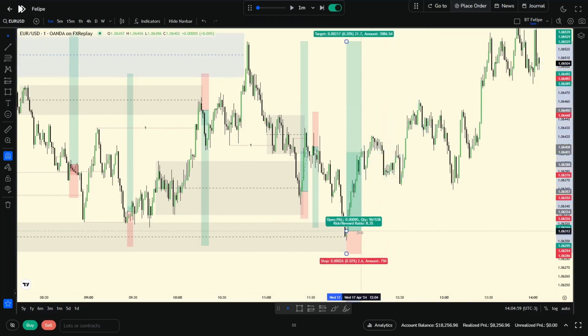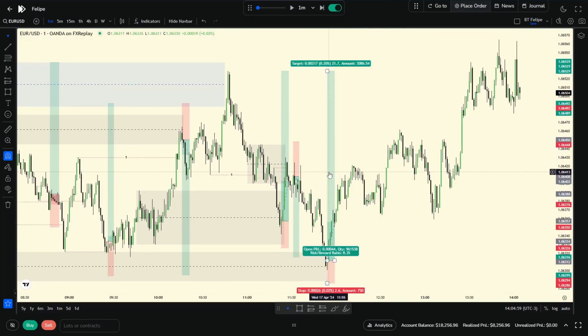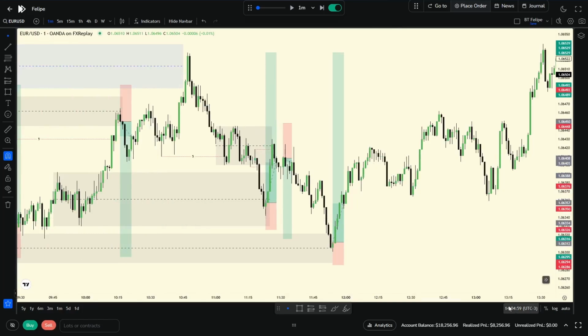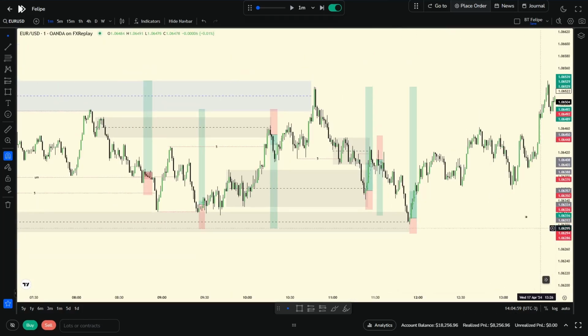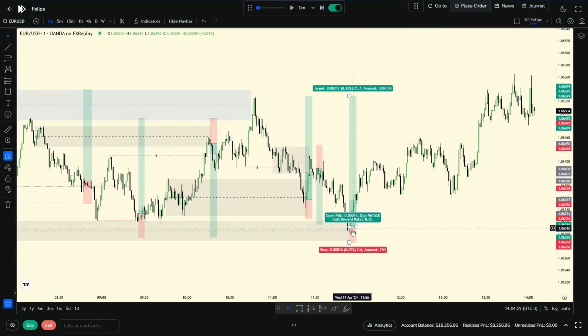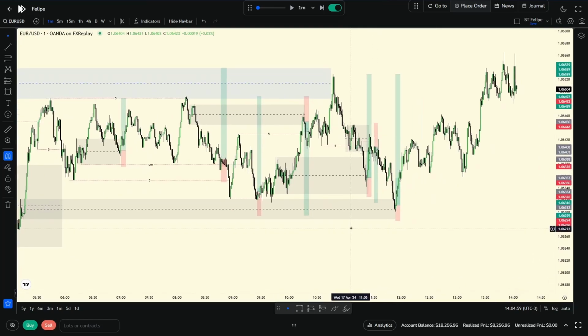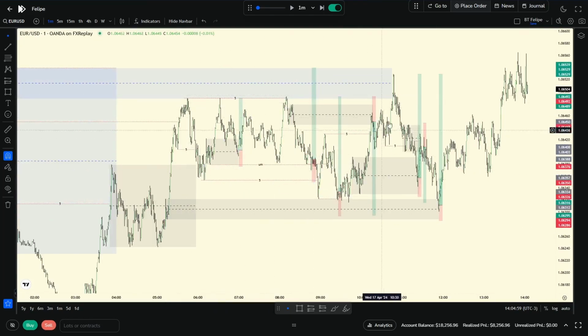This trade was huge, 8R. Should have placed it, even though it was almost 12. I got afraid of this kind of trade because since it was messing around here so much, I got afraid to take this because it was just the 50% of the POI.